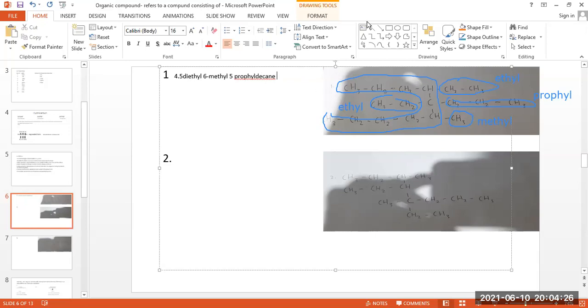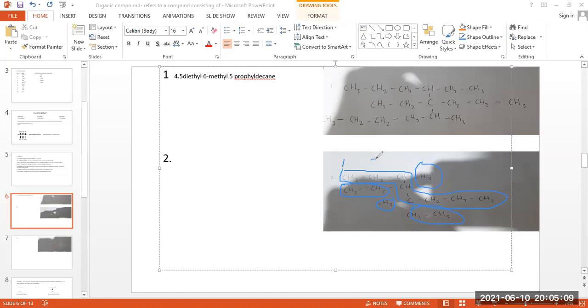Next, number 2. We choose the longest parent chain here. I think this one is the longest, and the rest here are the branches. Count from the nearest branches.